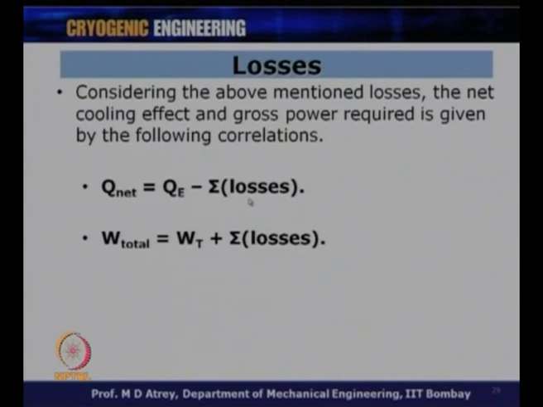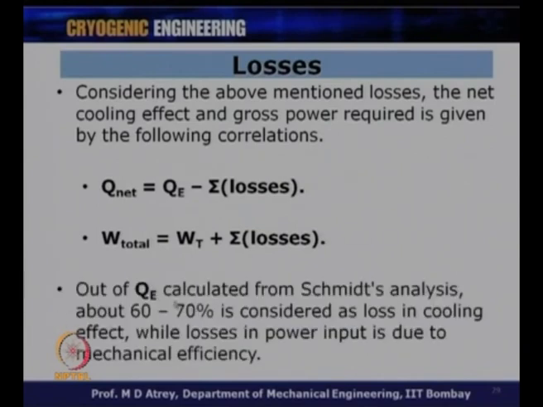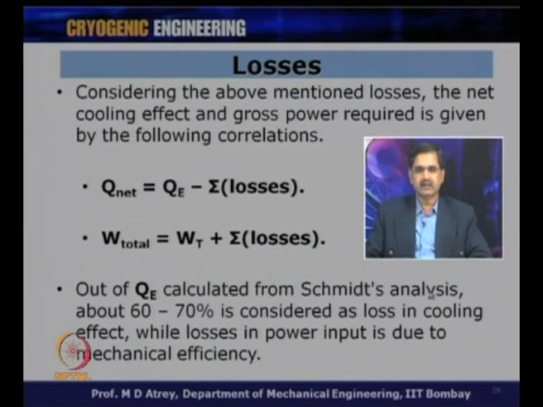This is the first case of analysis which we use to get a first guess for the dimensions of Stirling cryocoolers. We assume that out of QE calculated from Smith's analysis, about 60 to 70% is lost as loss in cooling. So, if I calculate 100 watts as QE, I will understand that 65% is lost and what is available, Q net, is only 35.